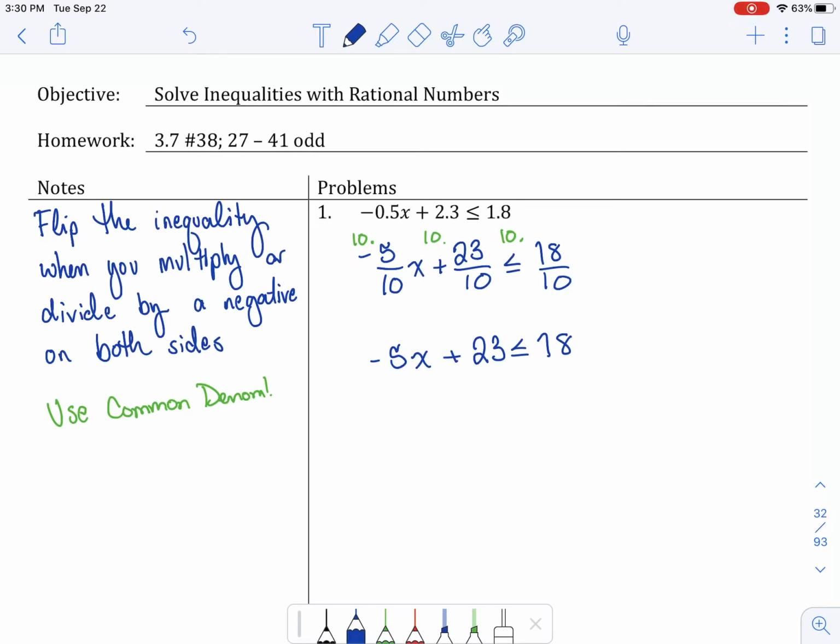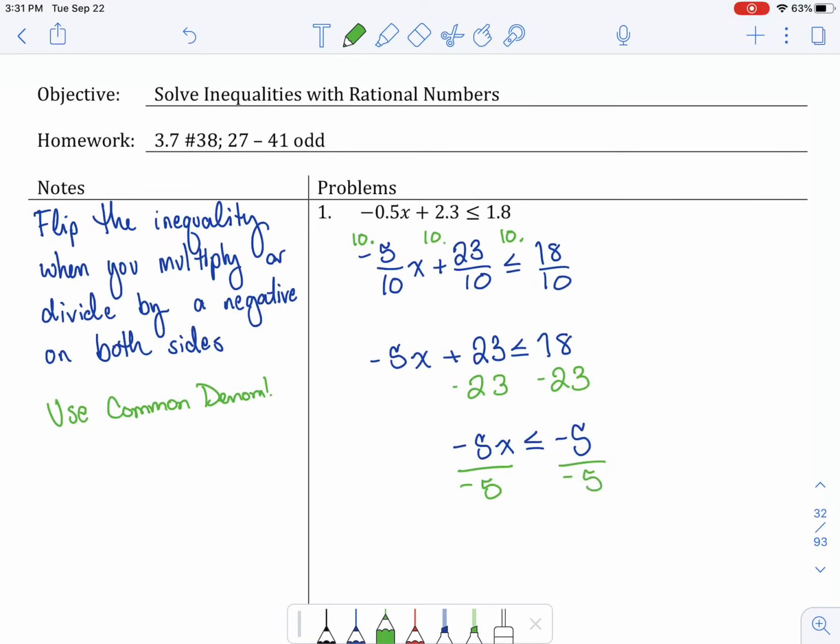And now from here, this will look like our last unit, where we subtract 23 on both sides. And we end up with negative 5. And since it's adding and subtracting, yes, it's a negative, but the sign stays the exact same. We end up with negative 5x. Now we will divide by negative 5.